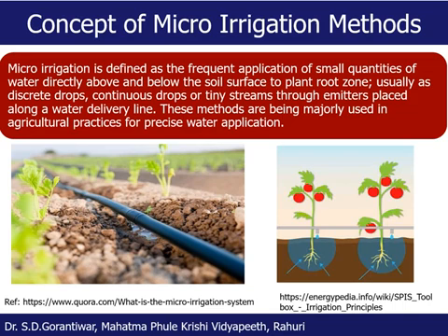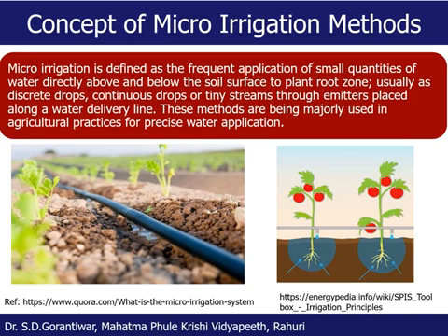So in case of the micro irrigation method, if I decide that I apply twice in a day or once in a day, we can calculate that amount of water, and we can exactly apply that amount of water to the roots.